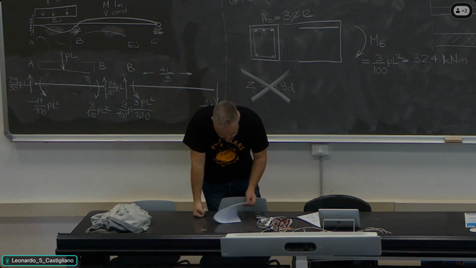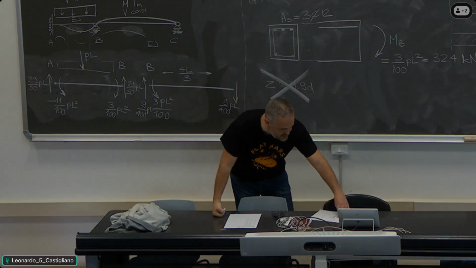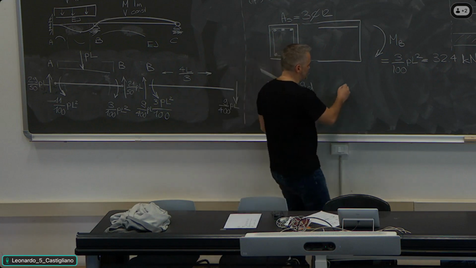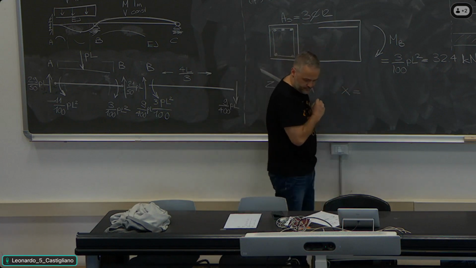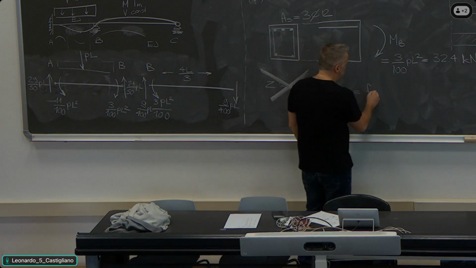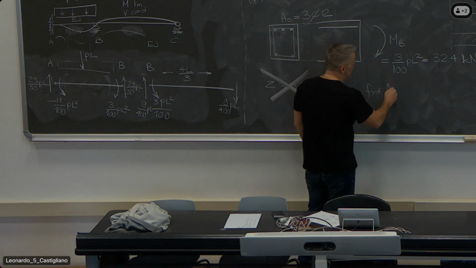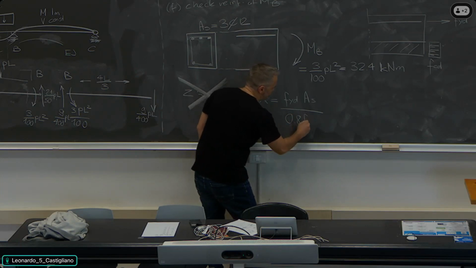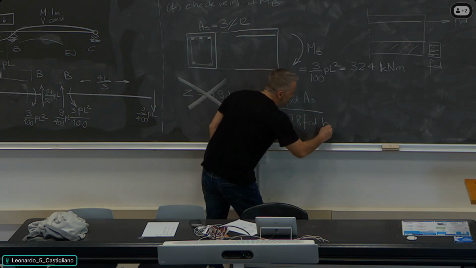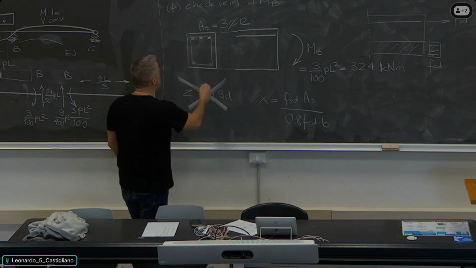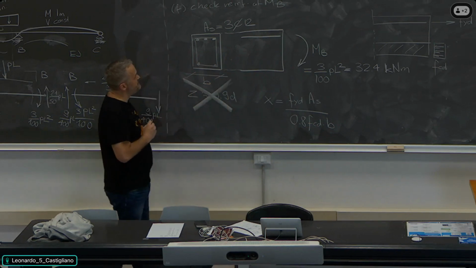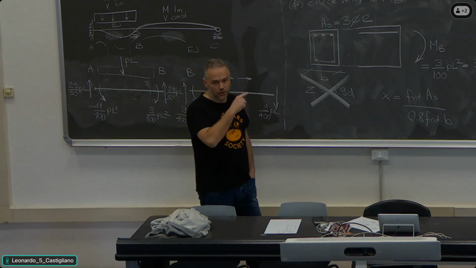So we have to work out first the neutral axis depth. The expression is given, so x equal to FYD times AS divided by 0.8 FCD times B, where B in this case is the width of the beam. Okay, also a given.